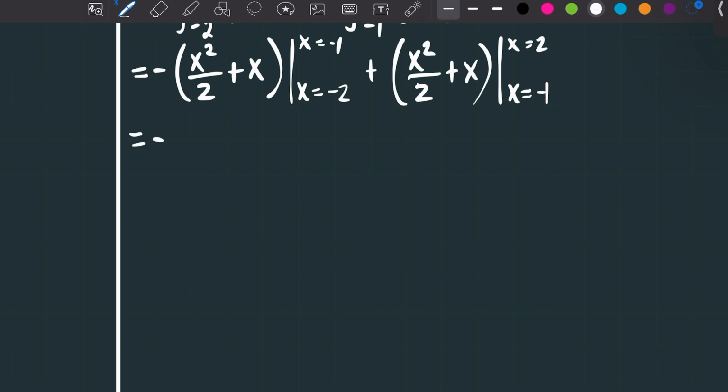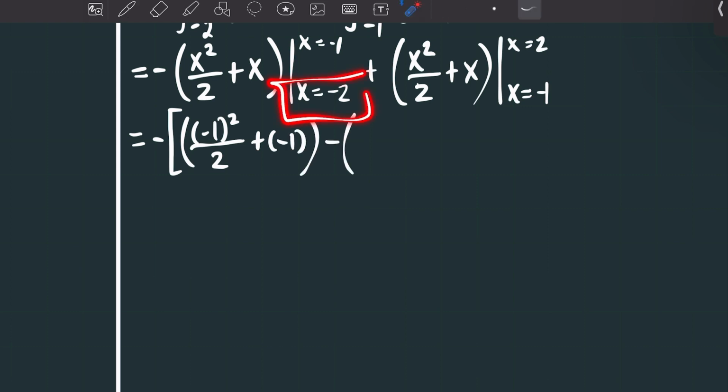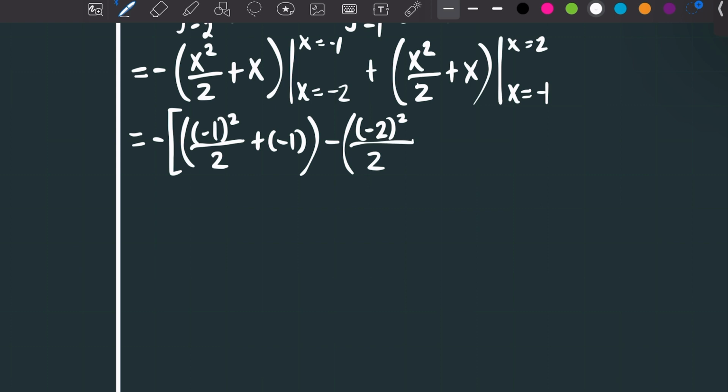So, starting from the first one, we have here, una is yung evaluated at negative 1. So, that's negative 1 raised to 2 all over 2 plus negative 1 minus this one evaluated at x equals negative 2. So, that's negative 2 squared all over 2 plus negative 2.